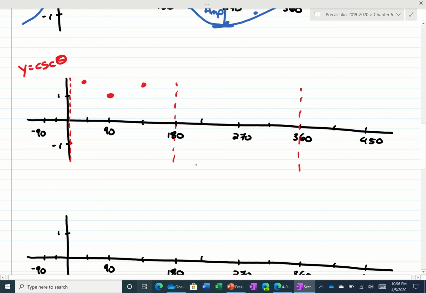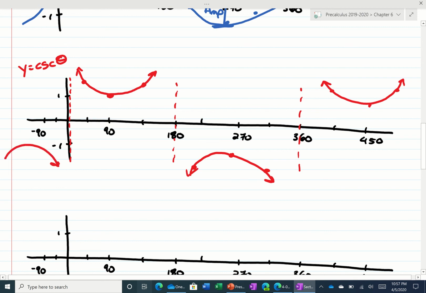At 225, it's negative 1.4, negative 1, negative 1.4. Looks something like this. And this shape is actually parabolas. On the other side, it would look like a downward parabola like that.